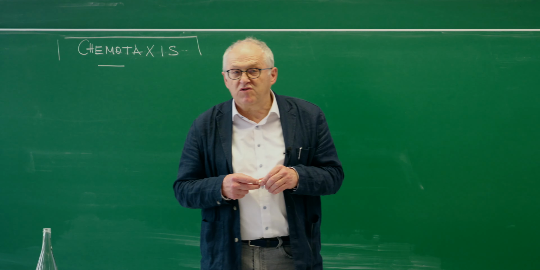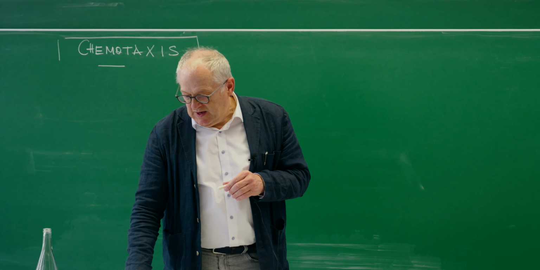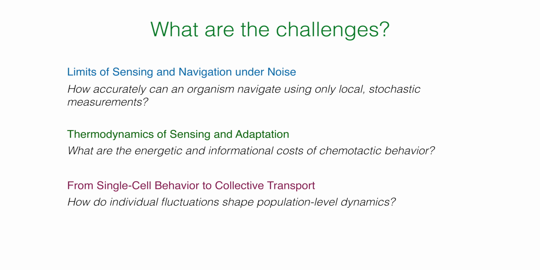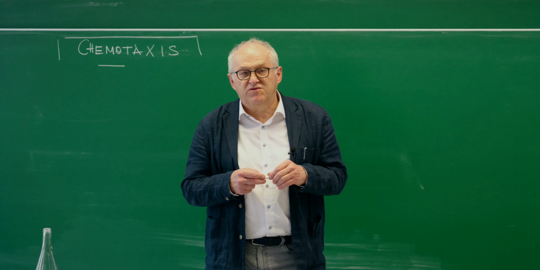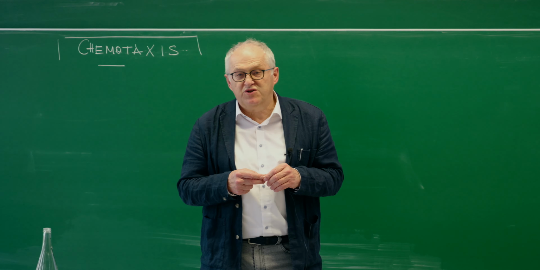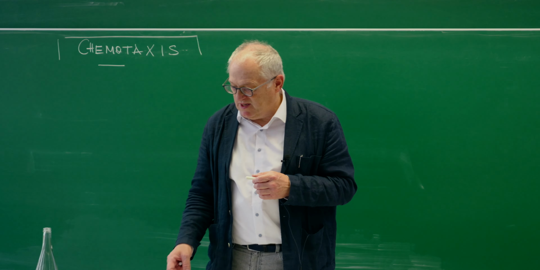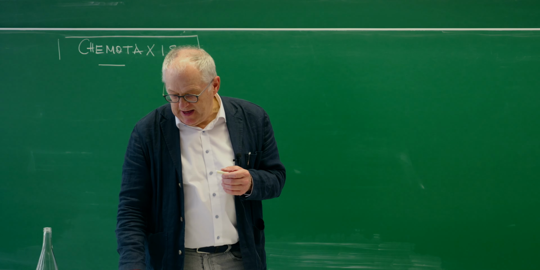So why is that cool, and what are the challenges if you study chemotaxis? Well, one challenge is really what is the limit of sensing and navigation under the influence of noise, because this organism, as I said, is very small and it has to sense gradients in a way which is a stochastic measurement and not a deterministic type of measurement, as you will see.